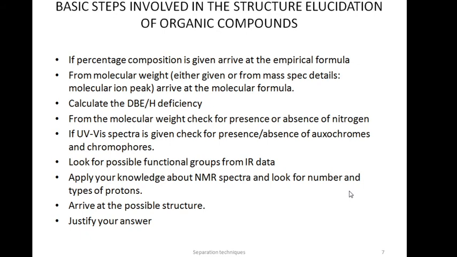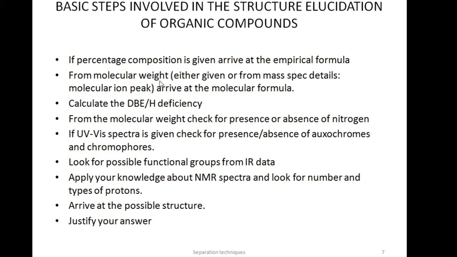Next, we move on to what are the basic steps involved in the structural elucidation of organic compounds. First, if percentage composition is given, you have to arrive at the empirical formula.